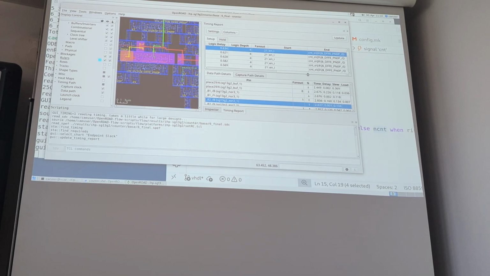So if we want to look more at the inputs, and we see this enable signal is the critical thing, then the first idea would be to add a flip-flop just in this line.